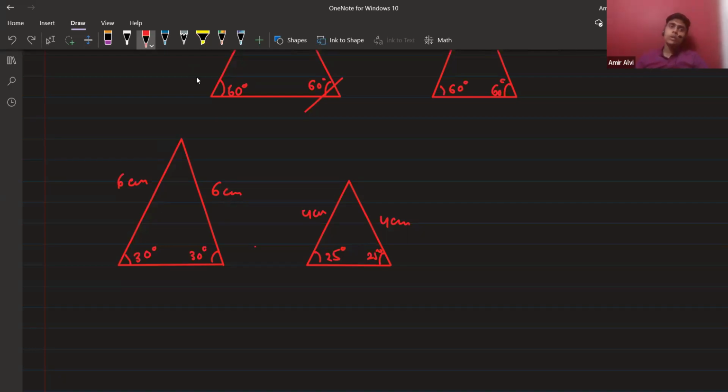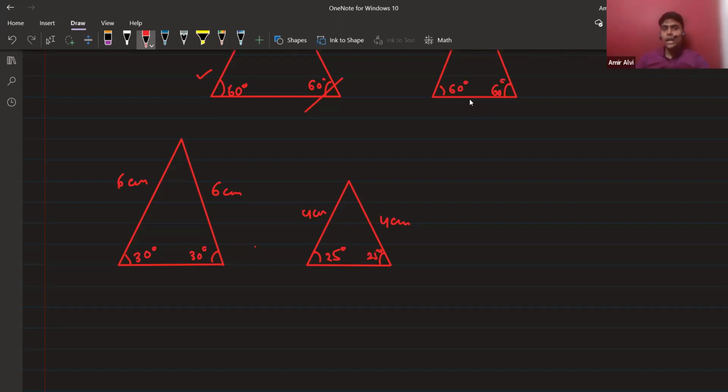So that's what the equilateral triangle follows. I'm not saying that any side is 4 centimeter or 6 centimeter. The equilateral triangle will have 60 degree at any corner, whether it is of any size. Clear? But the isosceles triangle can have different angles, different sides.